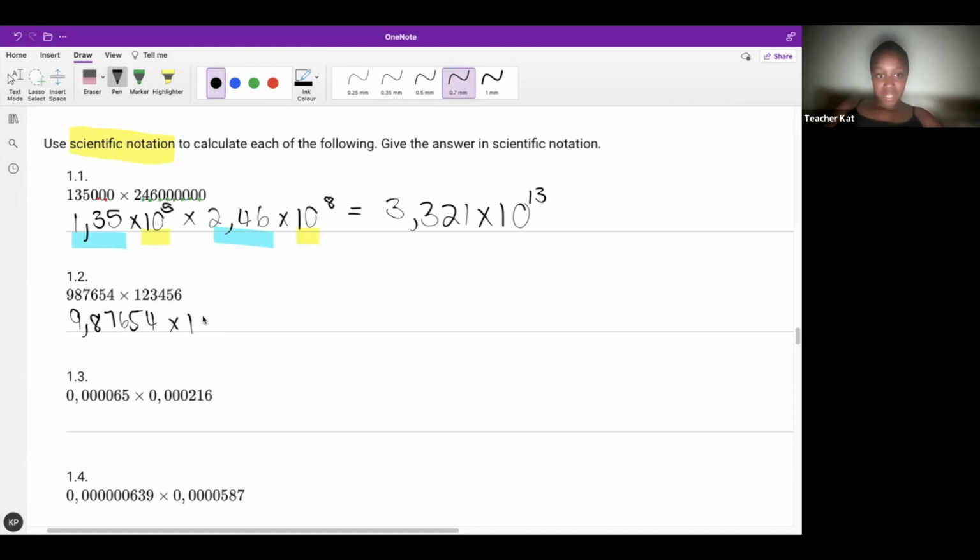This says times 10. Did we move it to the left or to the right? How many times? And is it positive or negative? Nice. Positive. 1, 2, 3, 4, 5.